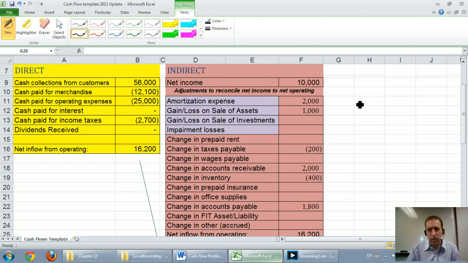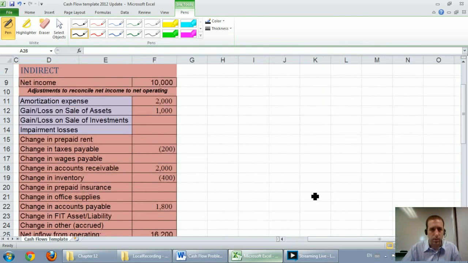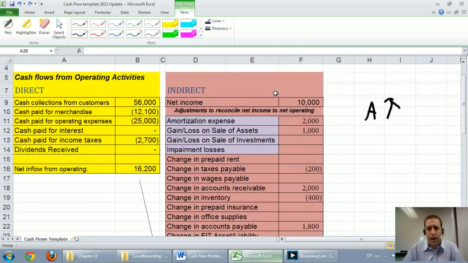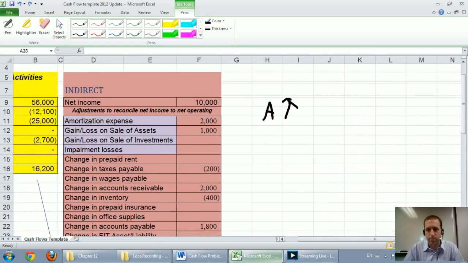The final thing I'll leave you with is a little trick for the indirect method. And the trick is this. If I have an asset that goes up, then cash goes down.